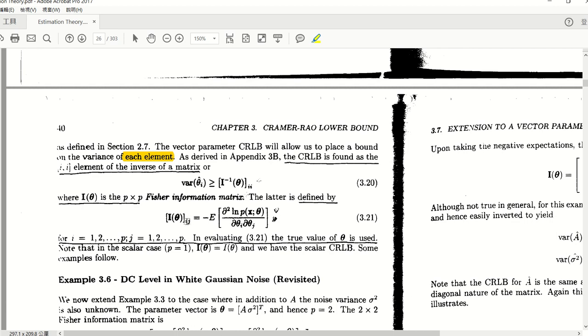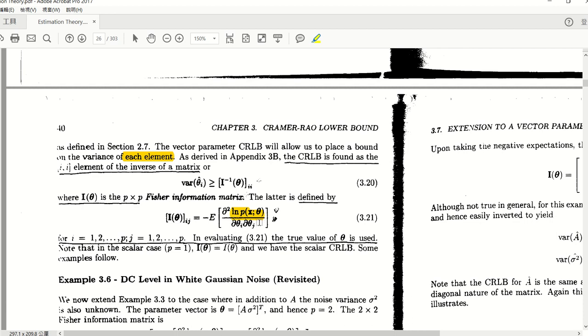So the ij element is the expectation of the partial of log p(x; theta), the original likelihood function, but partial theta i, partial theta j. Originally, we take the partial twice for the same parameter. Recall we have partial theta squared here, that's only for one single parameter. Now we have a lot of parameters, so at the ij location, you have to take partial theta i and then partial theta j.